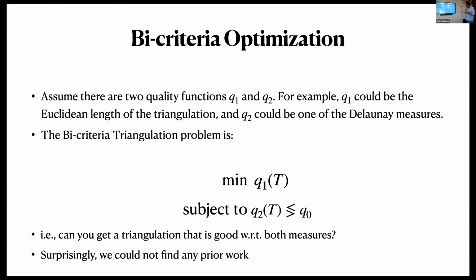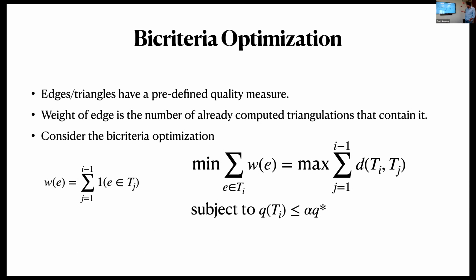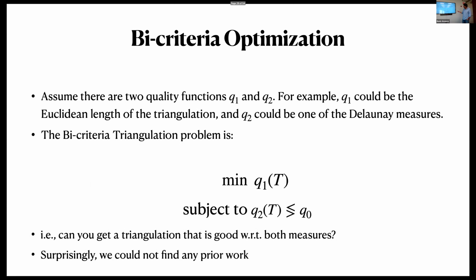Surprisingly, we could not find any prior work on this bi-criteria version. And it basically turns out that with the previous reduction that I showed you for Gonzalez, now you not only have to find a minimum weight triangulation, but you have this extra condition that your triangulation also has to be nice. So the quality constraint appears sort of naturally.